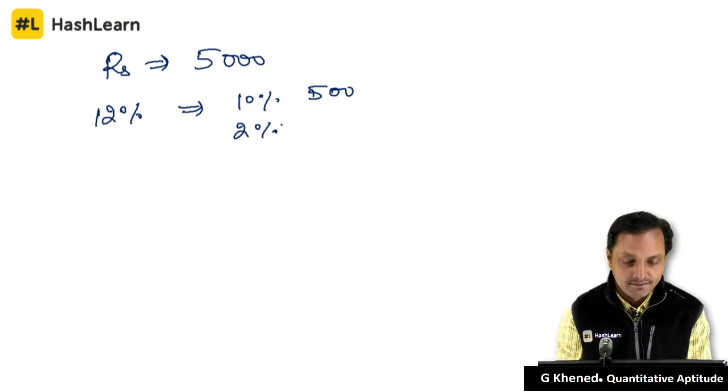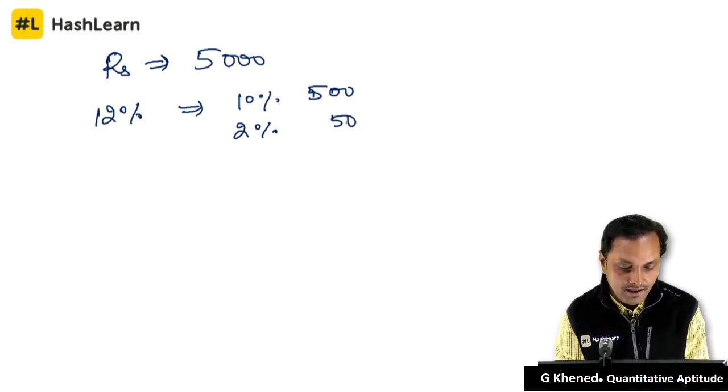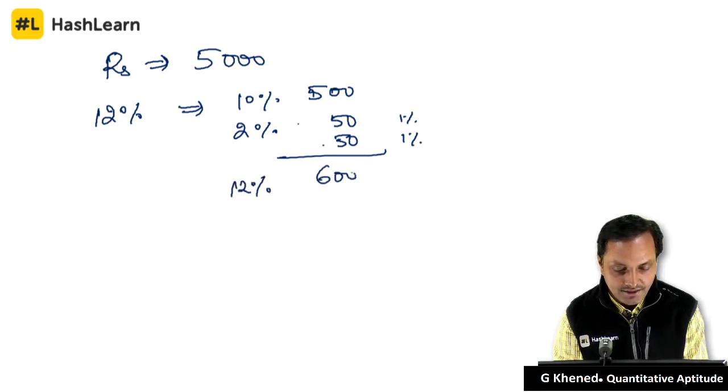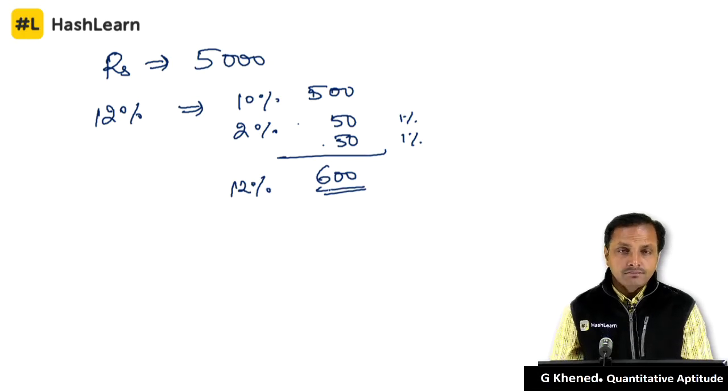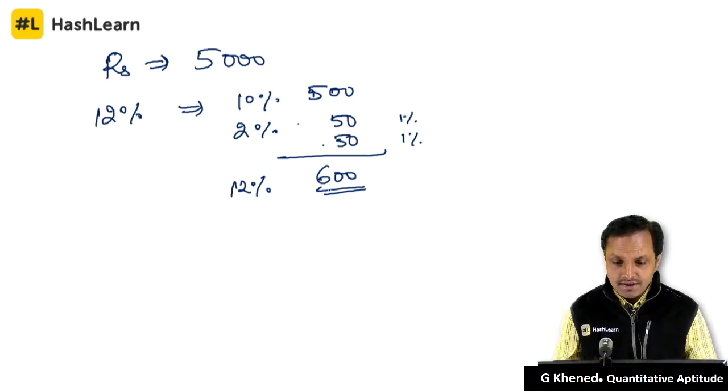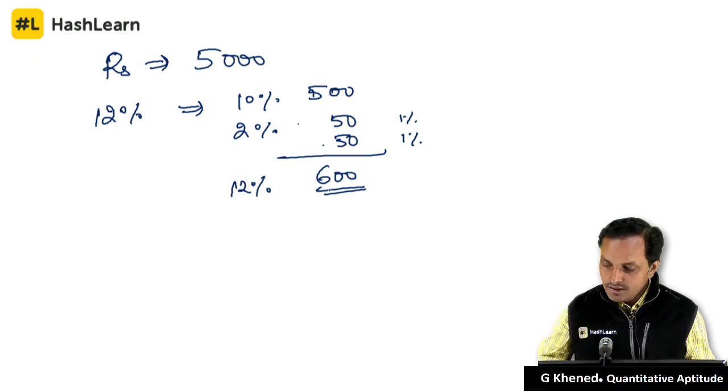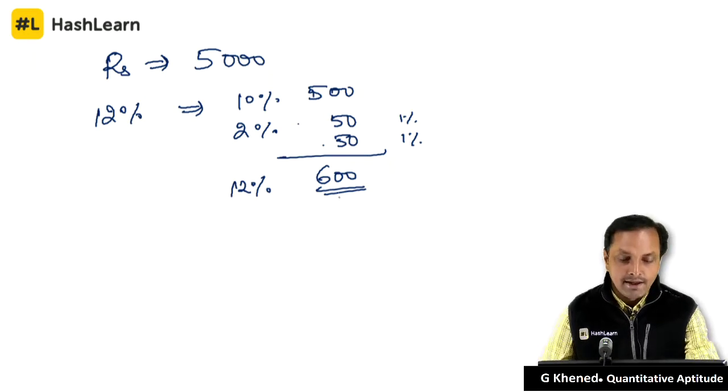You have to skip 2 decimals. If you skip 2 decimals, it will be 50 and 50. This is 1% and this is 1%. So that will be total 12%, which will be nothing but 600. Is that okay? So this is the best method to get the answers quickly.